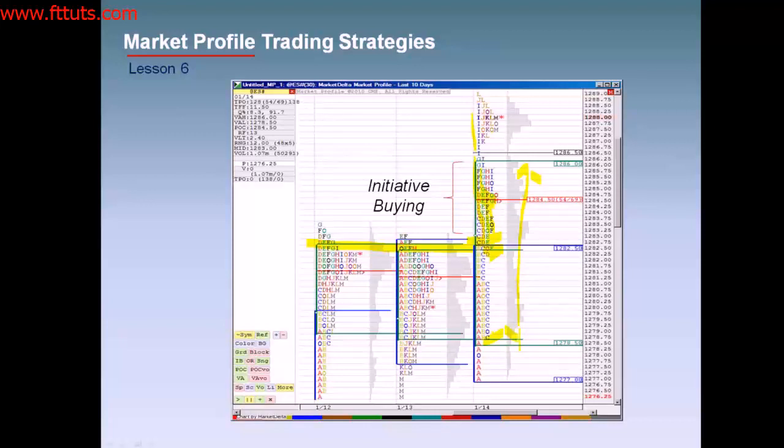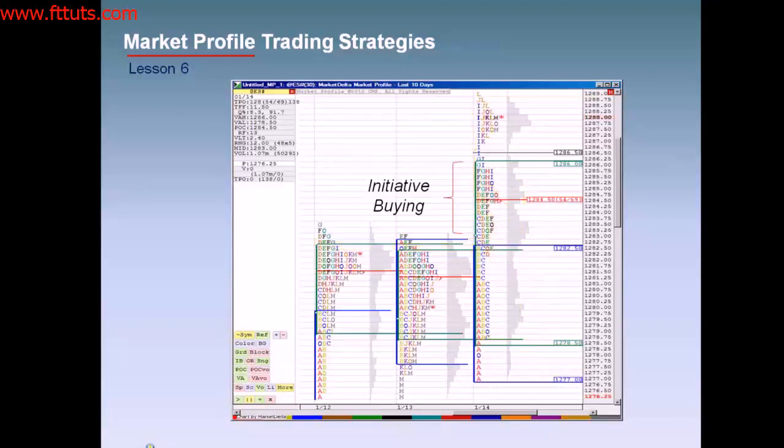The range of value expands beyond the old range. These are the characteristics of initiative buying, and this is when I would want to be a buyer. If in fact this initiative buying would have been met with strong responsive selling, it would have brought value right back into the value area. It did not happen in this case, so that's why prices continued to move up.